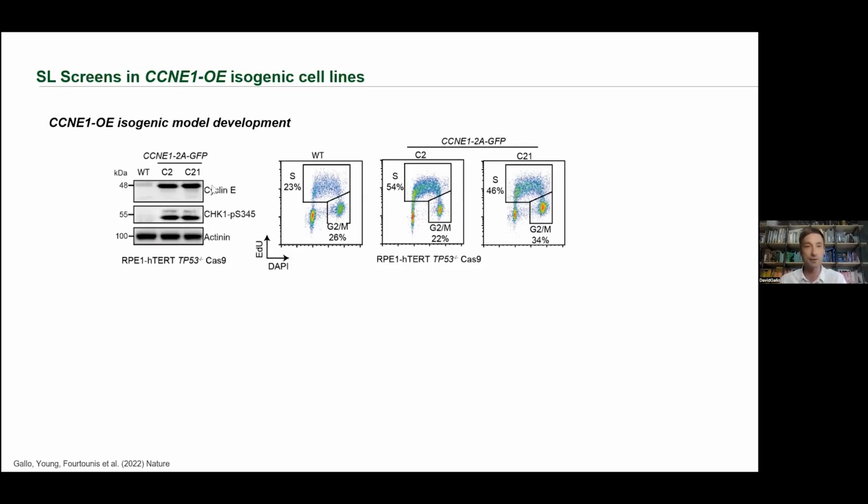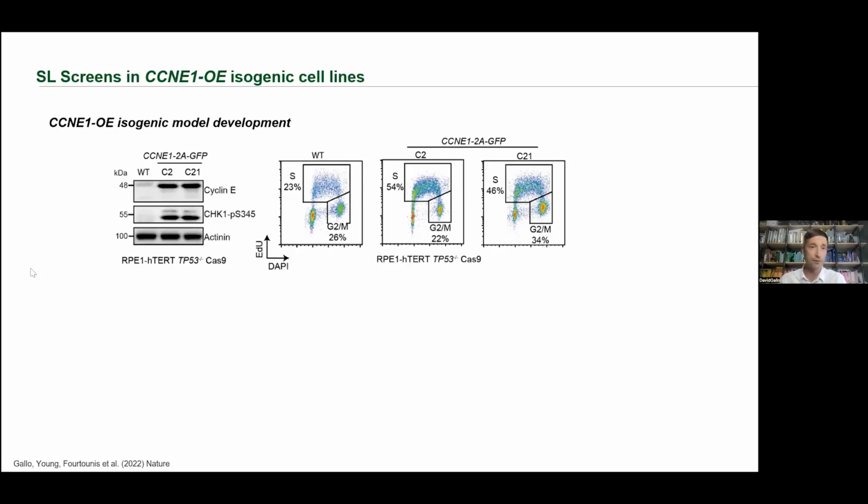We can see that they do indeed overexpress cyclin E. They also express markers of replication stress, which is what we'd expect when we overexpress cyclin E, and they have S phase accumulation in the cell cycle, which is another phenotype of cyclin E overexpression. So we now have a very nicely characterized isogenic model system to screen.